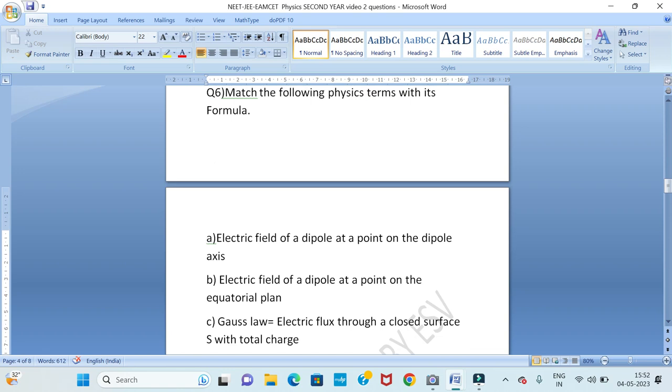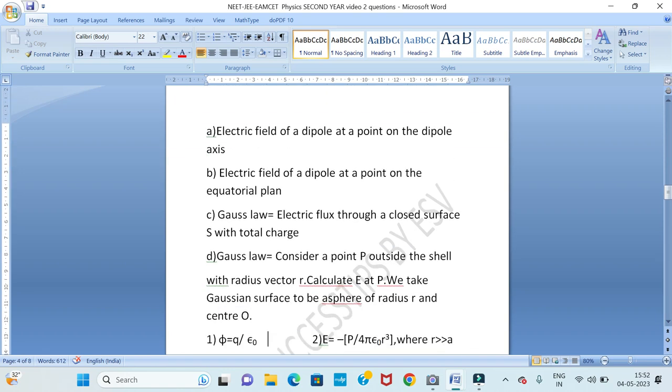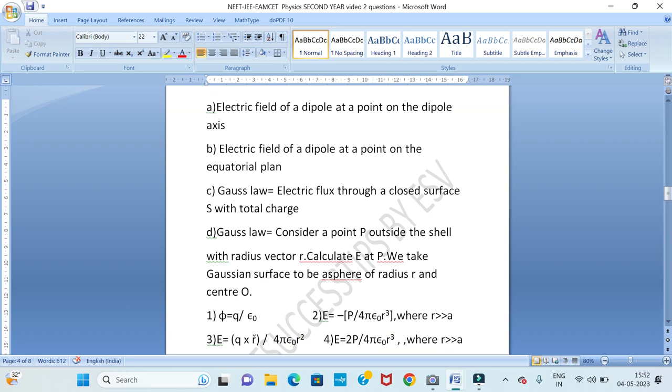Match the physical terms with formula. Electric field of a dipole at a point on the dipole axis. Electric field of a dipole at a point on the equatorial plane. Here it is on the dipole axis; here it is at a point on the equatorial plane. Gauss law: electric flux through a closed surface S with total charge.